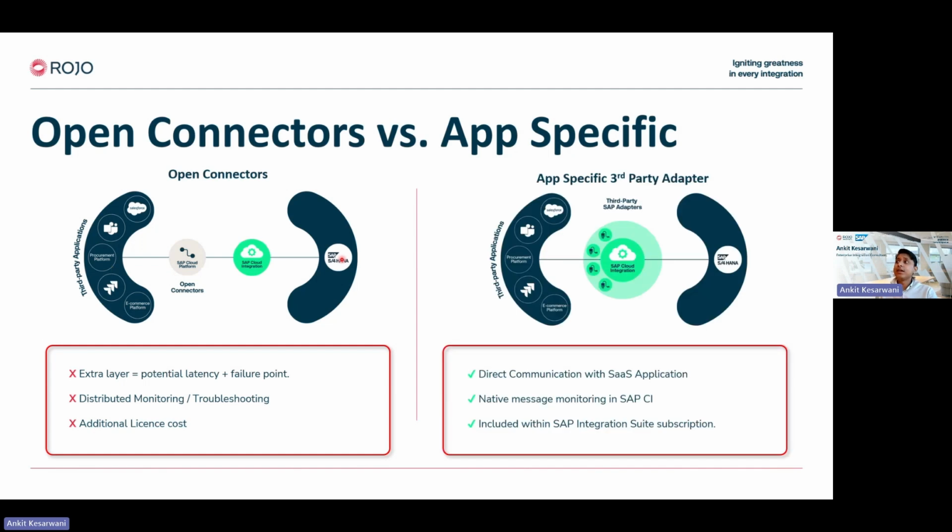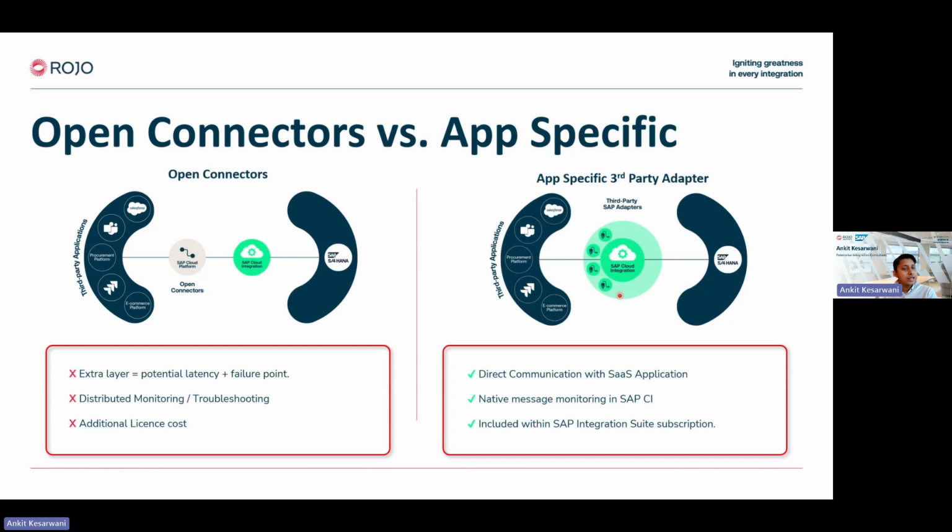On the other hand, if we talk about application specific adapters, here it is inbuilt within Cloud Integration. So all the adapters which are available within SAP Integration Suite are part of the same framework. So it's not leaving, it's not adding any latency to it.